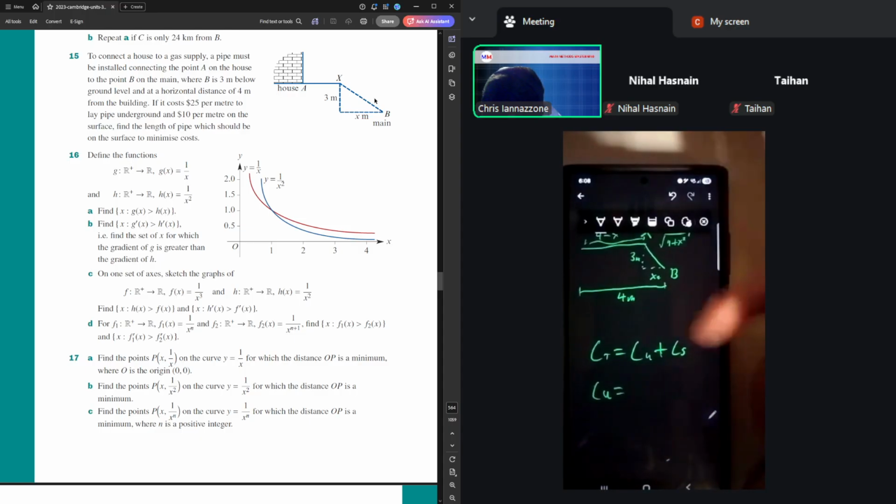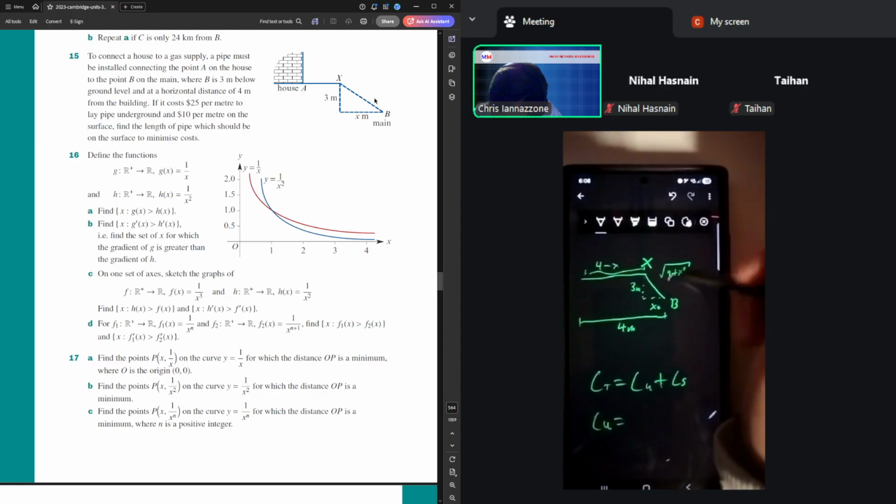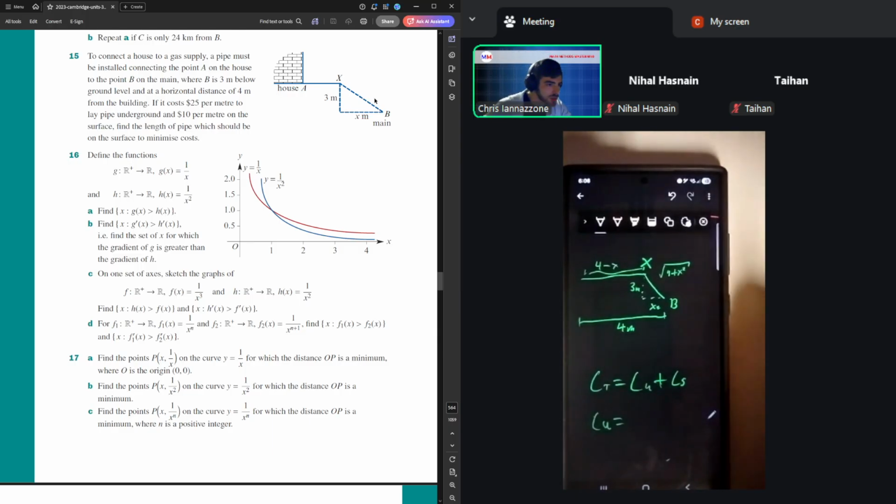So when we start putting our, let's do these one by one. So cost of underground. So we now know that's the distance that's covered underground, and we also know the price per thing for underground, and all these are in terms of meters already. So what's our cost equation going to be for the underground portion?